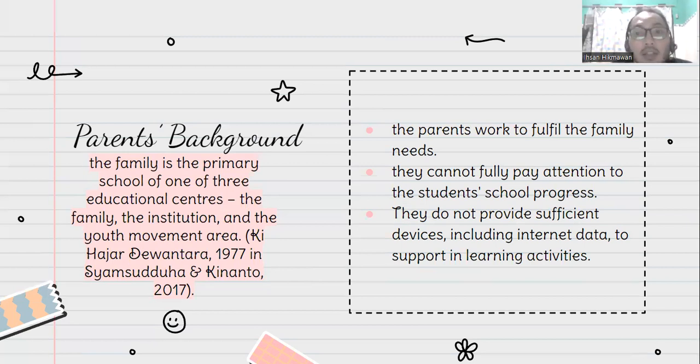Consequently, they cannot fully pay attention to students' school progress, especially students' English progress. And they cannot provide sufficient devices such as smartphones with internet data to support learning activities.